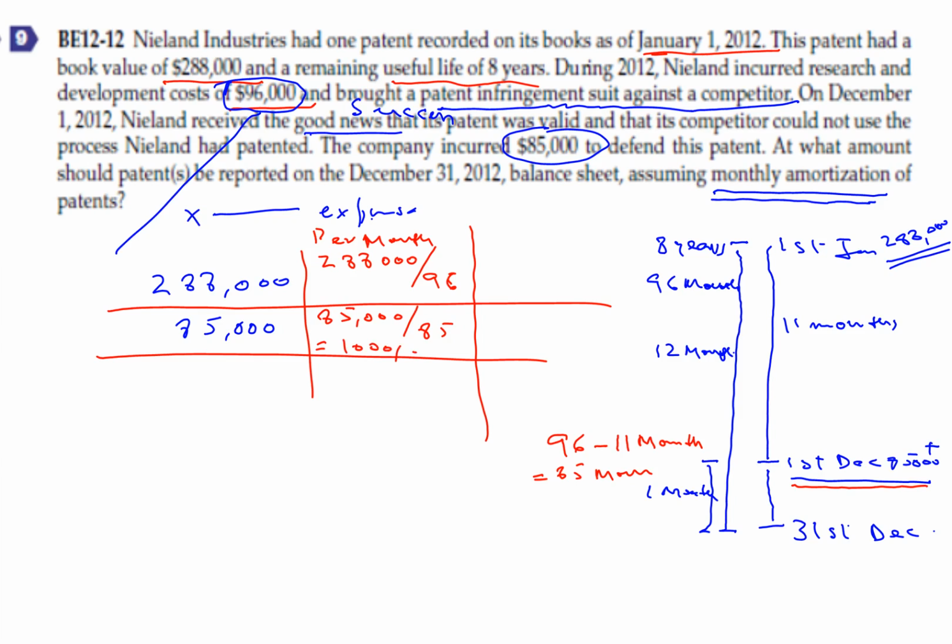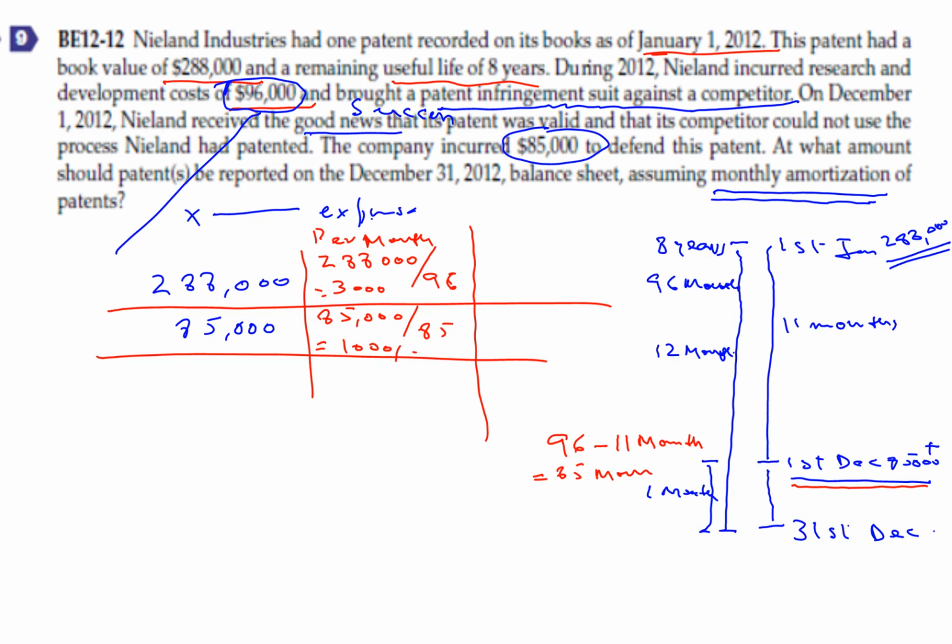Whereas this 288,000, how much should it be? Can anyone help me? 288 divided by 96. So it's 3,000. That was simple. So we're very clear that 288,000 was the carrying value, and the per month amortization is 3,000.